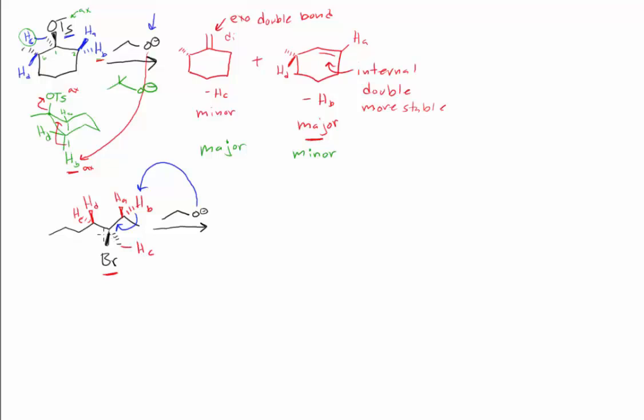and any of them should get us to a position where we can do this elimination and thus produce, in this case, the trans alkene, or we'll call this the E. And then I should also be able to produce this one. So this is minus HB, and you can prove that with your Newman projection. This is minus HA. Then, of course, I can do an elimination with HC.